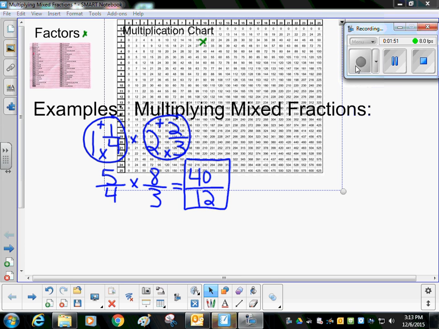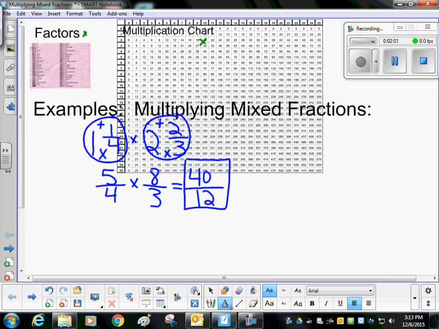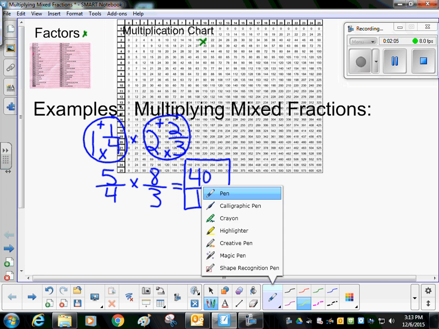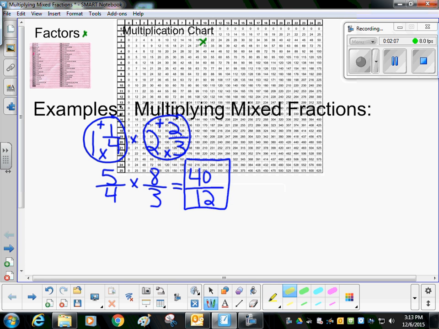But if I were to take a look at 12 and I want to know how many groups of 12 can I make out of 40, I would look at my row of 12 and I would look across until I got as close as I could to 40 without passing it up.